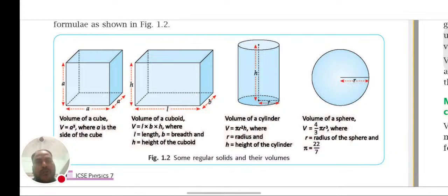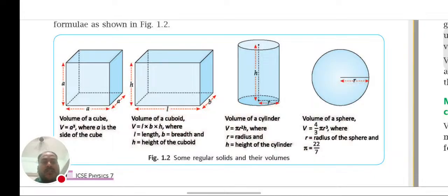The SI unit of volume of cube is meter cube. Volume of a cuboid SI unit is also meter cube. Now the volume of cylinder formula is V equal to pi r square into h.